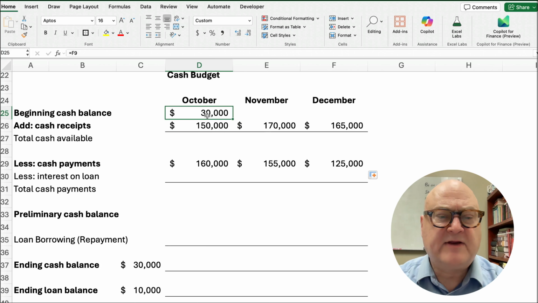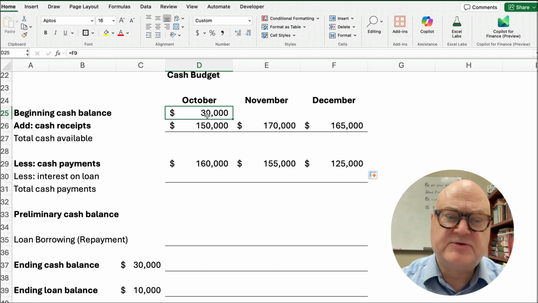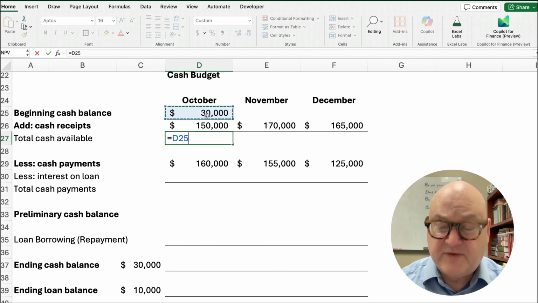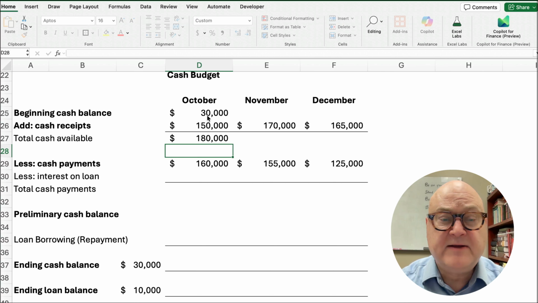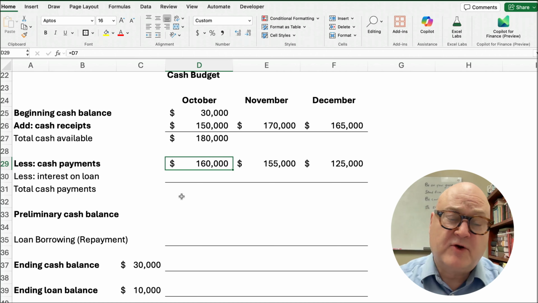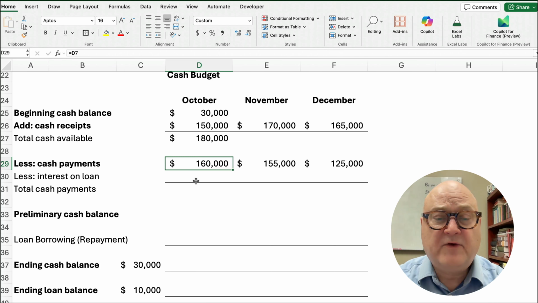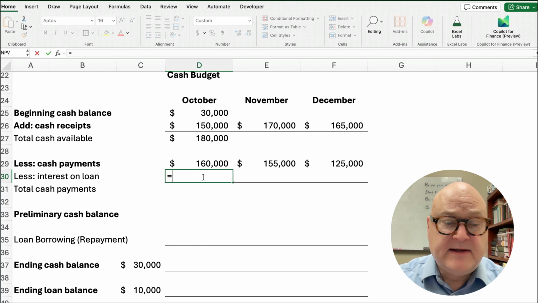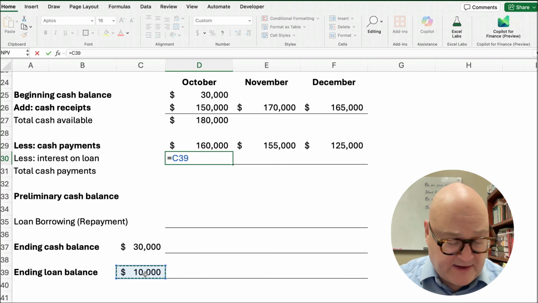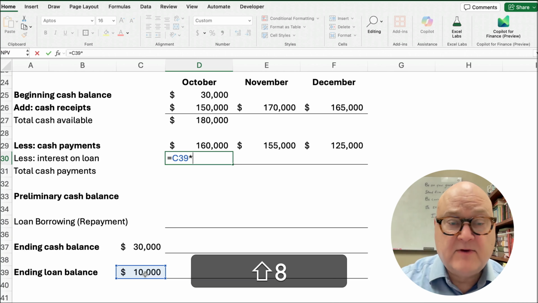So our beginning balance in October is $30,000, and then we have cash receipts from running our business of $150. So I'm going to take the 30 plus the 150. We're at $180,000. Now our cash payments are going to be $160. Also, we have a loan. So I'm going to take the preceding loan balance, that's the $10,000, times the 1%.